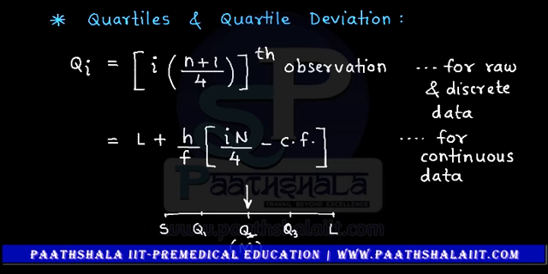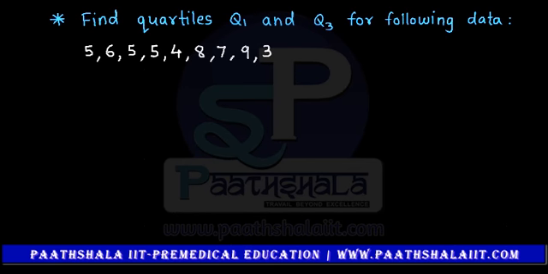Okay, now let us solve the sums based on this formula. Find the quartiles Q1 and Q3 for the following data. Here we are given the raw data, and we must first arrange it in ascending order.